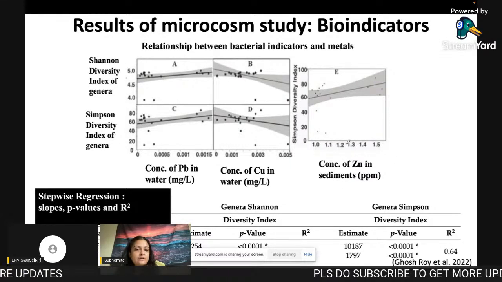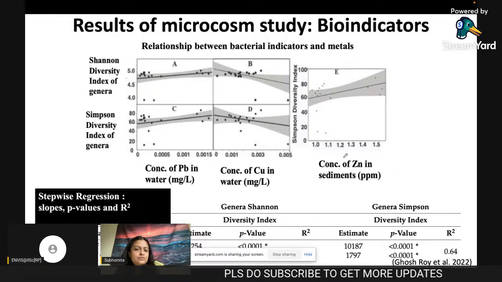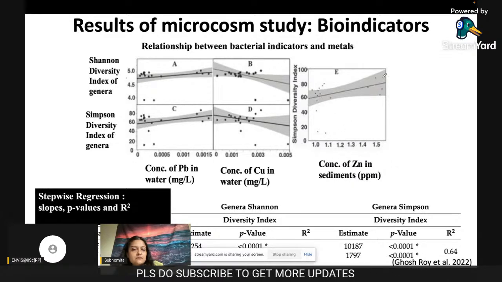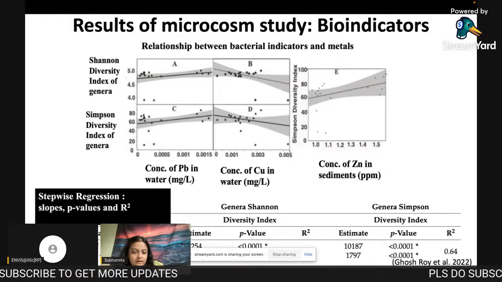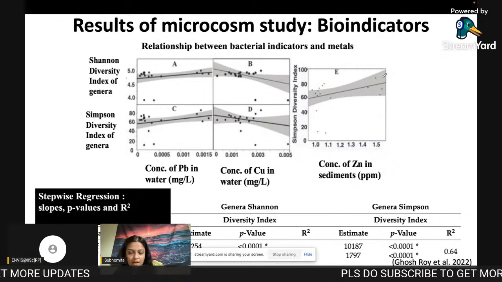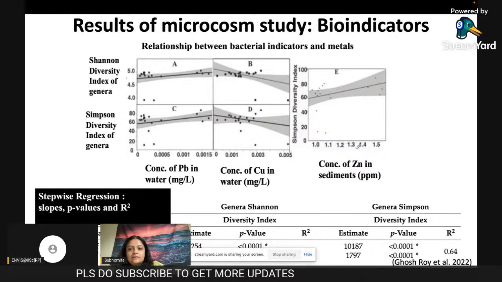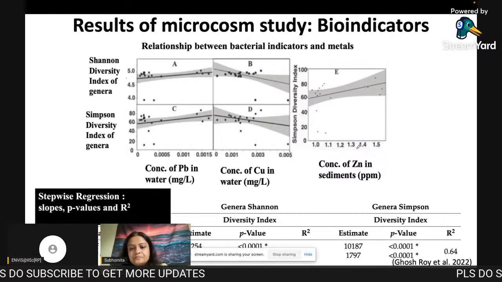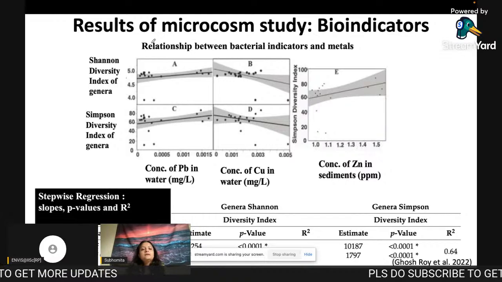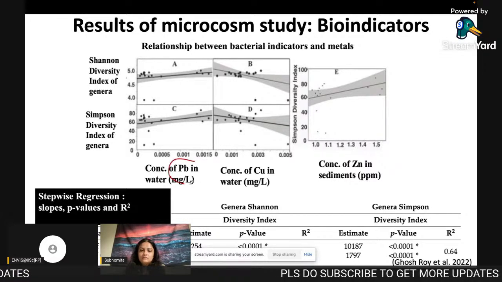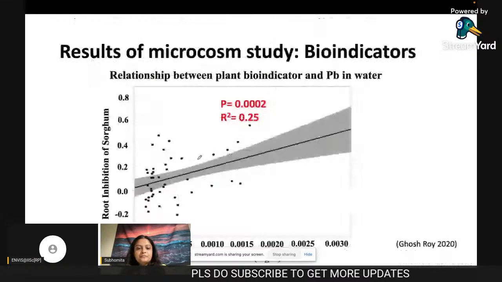And then we see a similar trend with zinc, like with an increase in zinc there was an increase in diversity, although we did not add zinc here, it was naturally present in the sediments. But this is not surprising, because probably zinc was not present at a high enough concentration to affect the diversity. But again, lead is something that we would focus on.